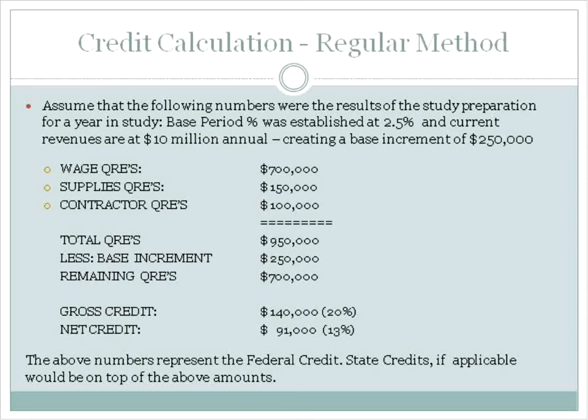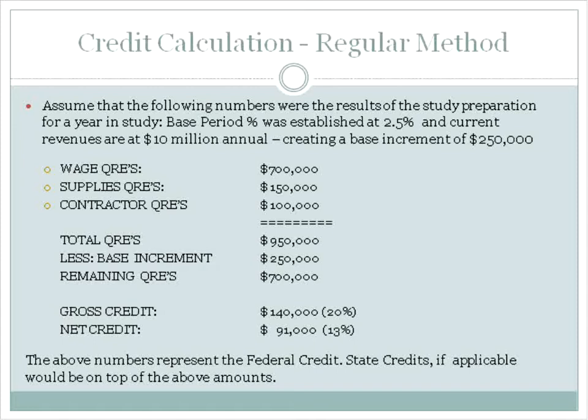Now, the only difference, if I go back to the regular method, I'll use California as an example. If I'm looking at a $91,000 credit for federal purposes, in the state of California I'm pretty much looking at anywhere from 85 to 95 for a state credit as well.